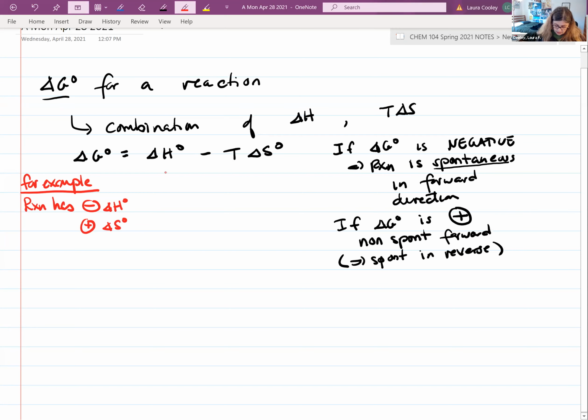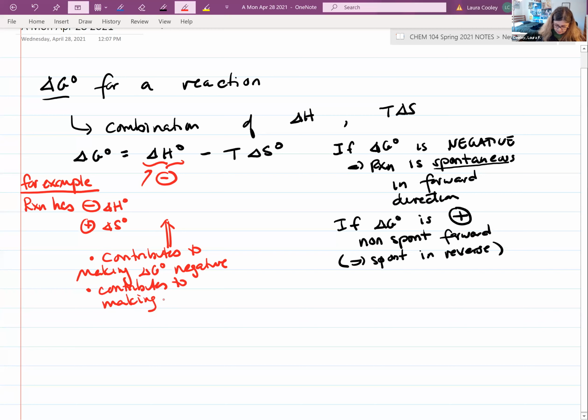Okay, so if this delta H is negative, that is going to contribute to making delta G0 negative. So we could say that it contributes to making the reaction spontaneous.